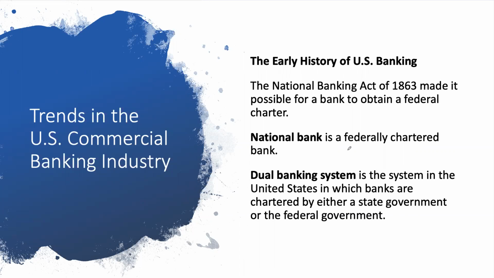So this is the dual banking system. This is a particular feature of the US. Not a lot of countries adopt this. Usually, most countries have one single chartering system where, if you want to be a commercial bank, there's a single licensing mechanism where you go get a charter and you're allowed to operate within the confines of that country.